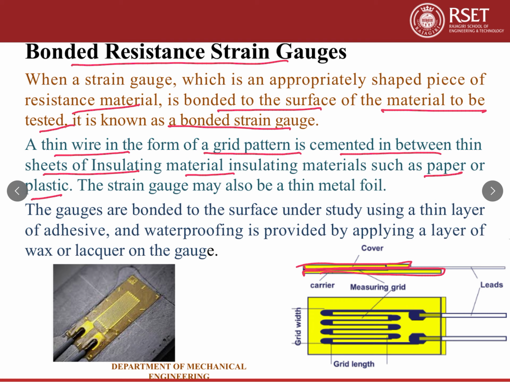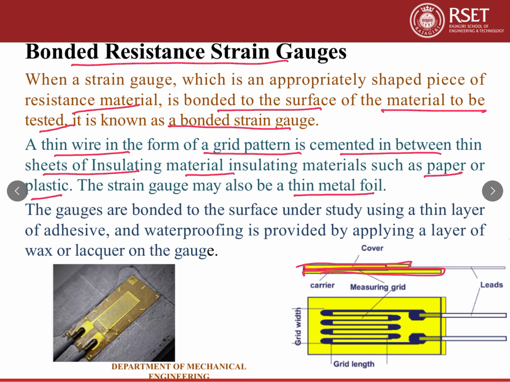The strain gauge may also be thin metal foil. The gauges are bonded to the surface under study using a thin layer of adhesive, and waterproofing is provided by applying a layer of wax or lacquer on the gauge.